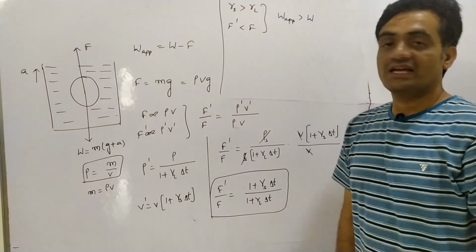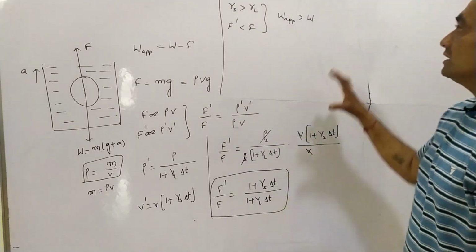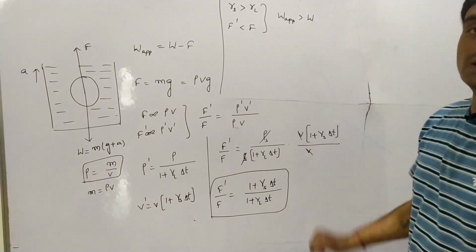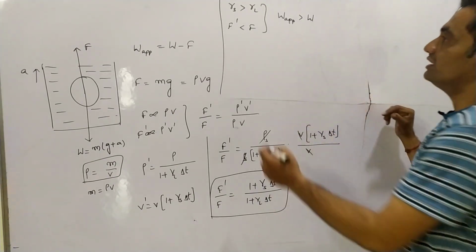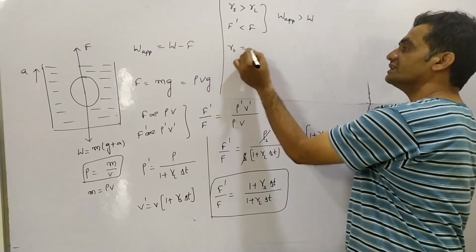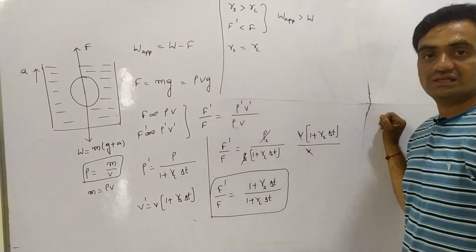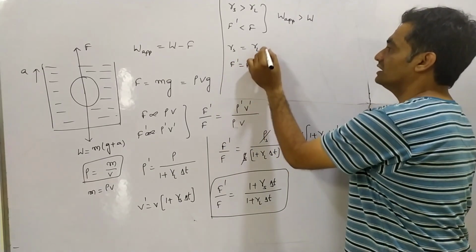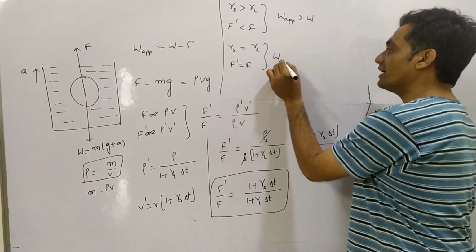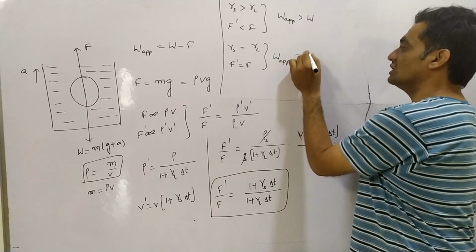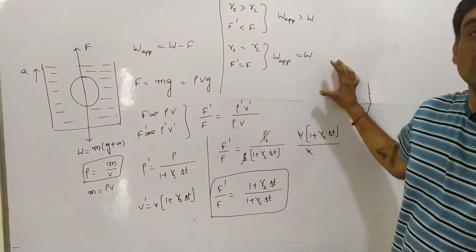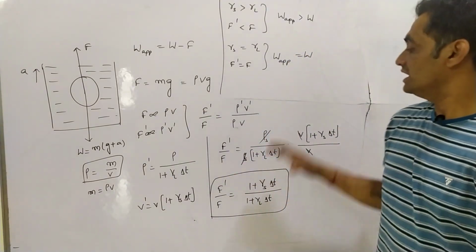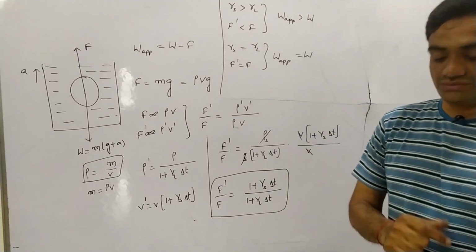Similarly, if the expansion of the solid equals the expansion of the liquid, then the forces will be the same. Then the apparent weight equals the actual weight of the body.